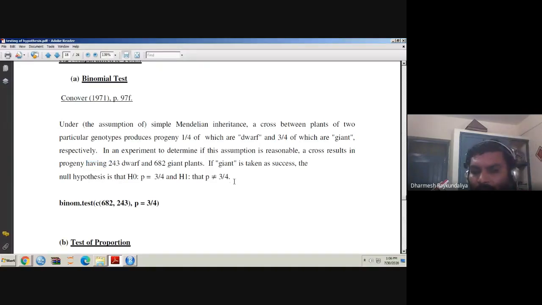Now, what is considered a success here? If the plant is giant, then it is a success for us, otherwise it is a failure. We assume that the probability of success is 3/4, which is in our mind before doing the experiment. Now we wish to test this hypothesis, whether the proportion of giant plants is 3/4 or not.